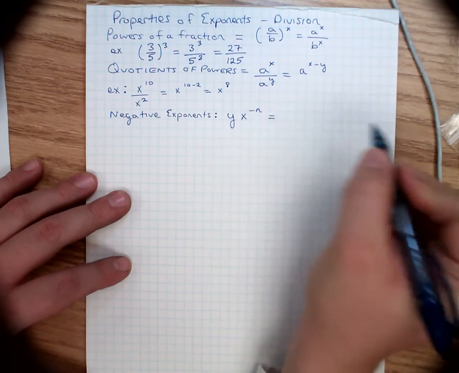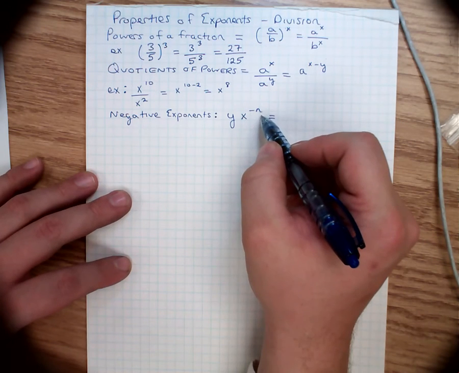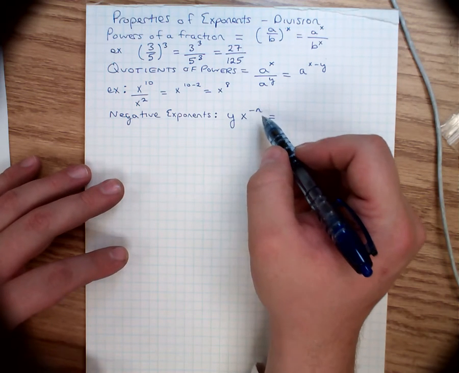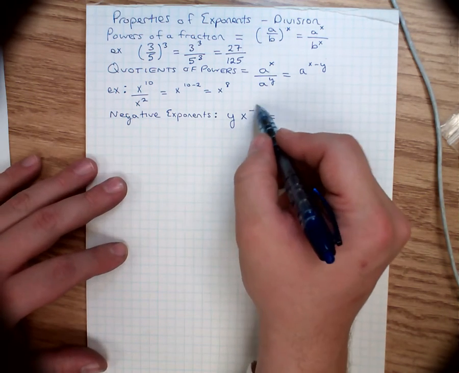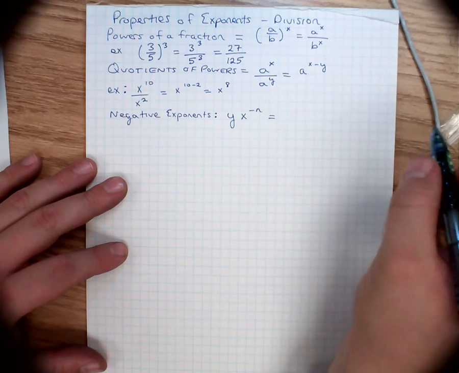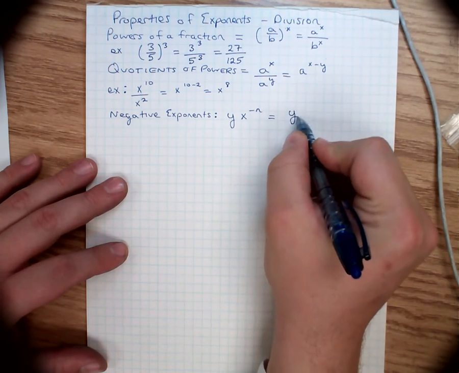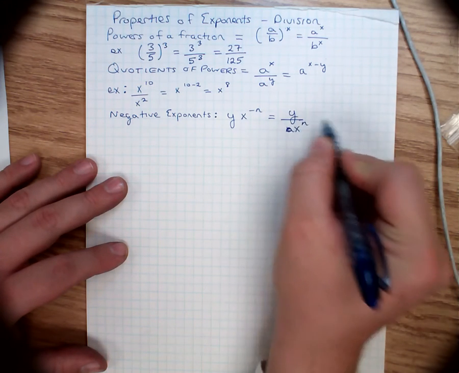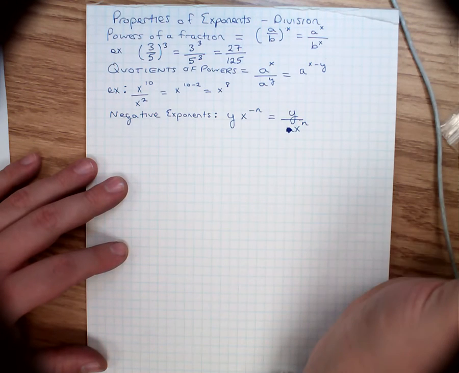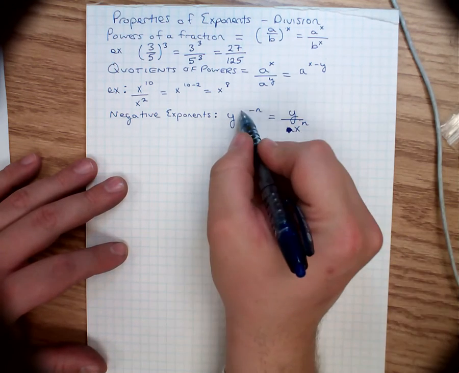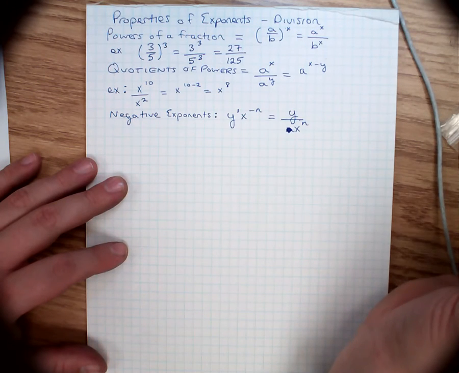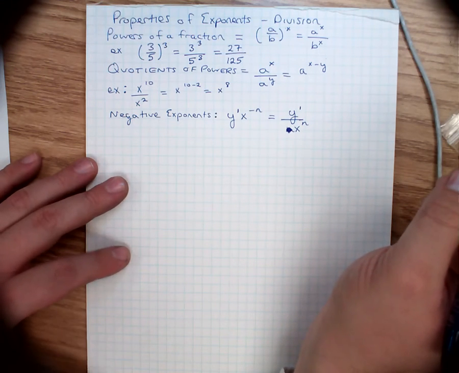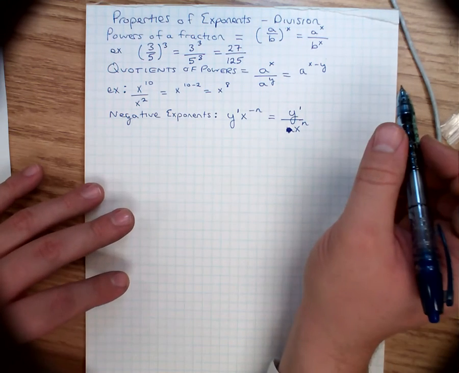Okay, I want to be purposeful in saying that when we move from denominator to numerator or numerator to denominator, the sign of the exponent changes. So I have y over x to the n. Okay? The reason I didn't move that is because y has a positive exponent, so it can stay in the numerator. You only need to manipulate the negative exponents.